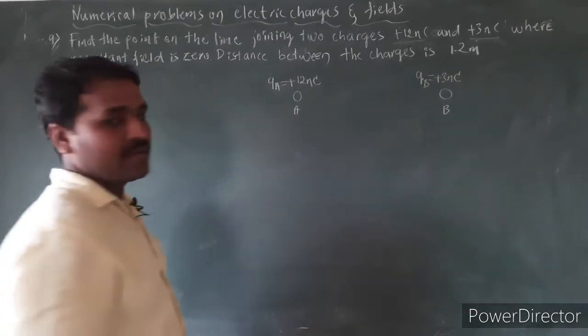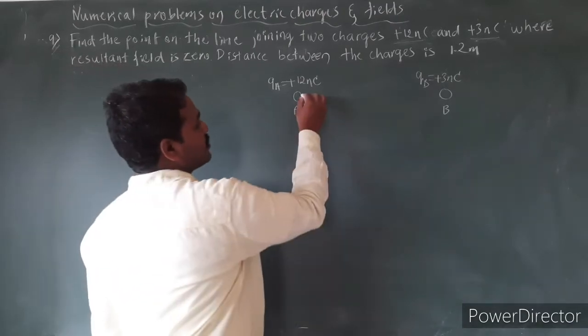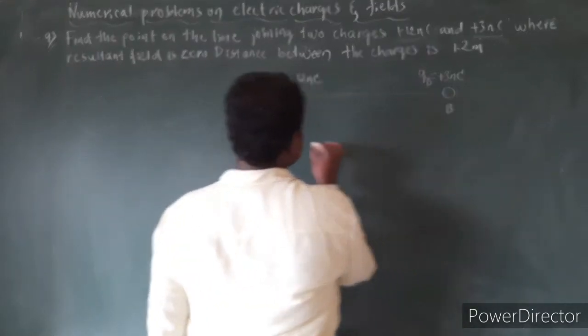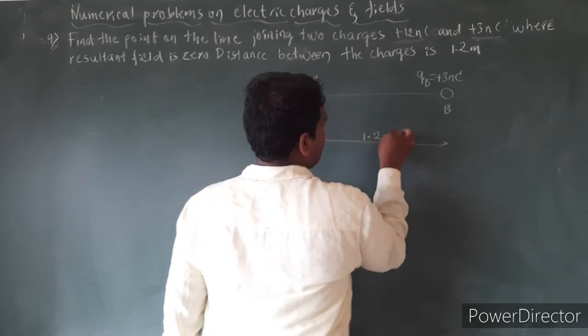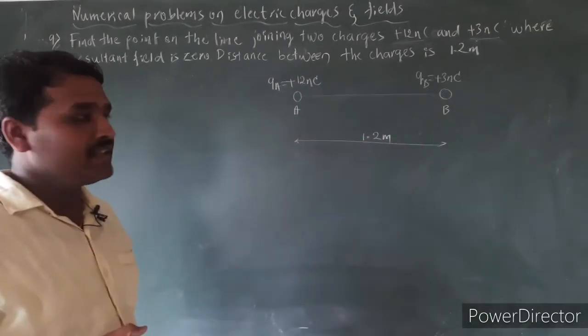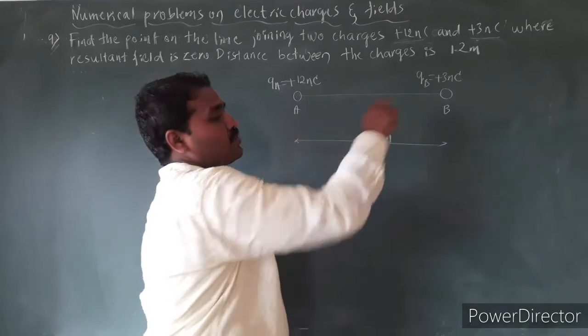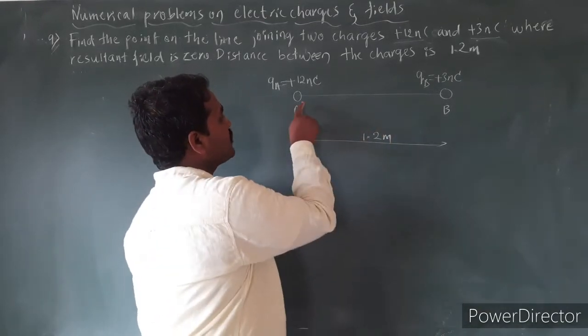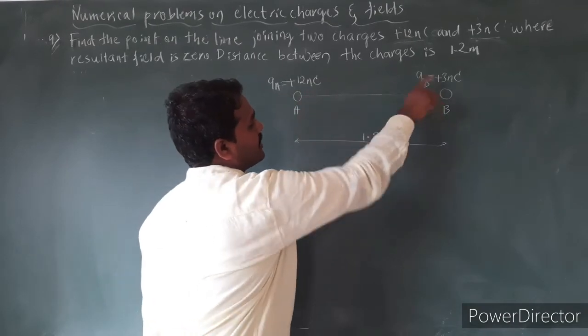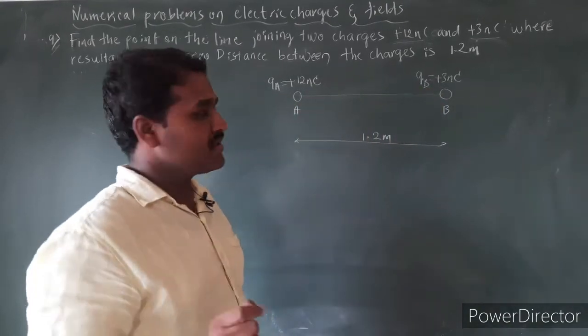They have given the distance between these two charges. The distance is 1.2 meters. We have to find the position between these two charges at which the resultant electric field because of charge QA and charge QB is equal to 0.